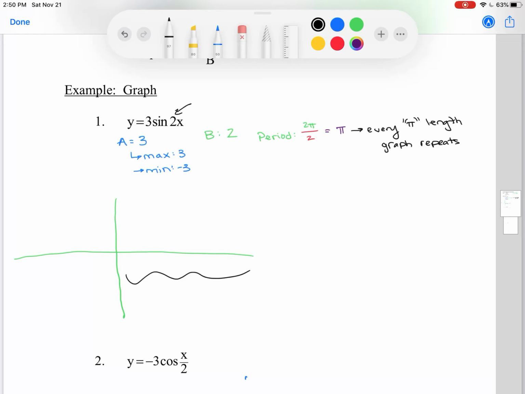And what I said earlier is now we have to determine those 4 points on the right-hand side of this graph. We can't necessarily use pi over 2 and pi and 3 pi over 2 and 2 pi. We can, but we're going to end up getting some decimals throughout this because as I do that, I'm going to have to factor in that 2 when I do my math, when I introduce those pi over 2s and those pi's and 3 pi over 2s and what have you.